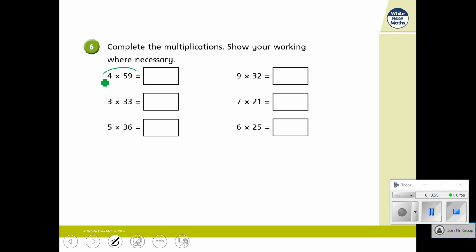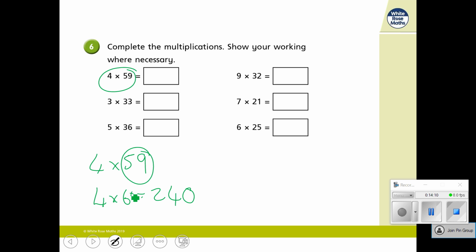So for example, I'm just going to do 2 for you. 4 times 59. So if Mrs. Eden was looking at that, I would actually round my 59 up to 60. And I would do 4 times 60, which I know is 240. But I didn't want 4 times 60, I wanted 4 times 59.